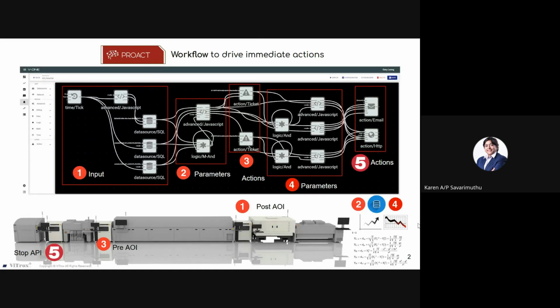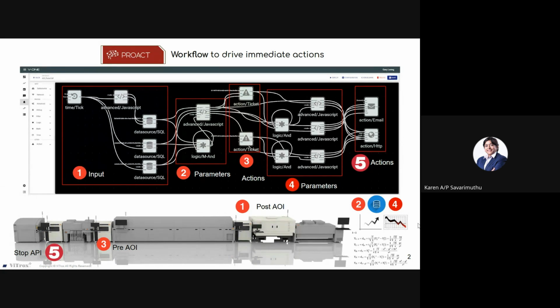A lot of manufacturers have benefited a lot from using this workflow, because most of the time they do it manually. With this workflow, they can eliminate a lot of manual processes, and it's much easier for them to run day-to-day routine jobs because they don't have to do manual things anymore.